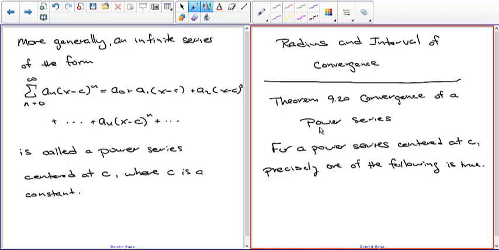There's this thing called the radius of convergence, and that's the distance away from the center point where the power series converges. Sometimes that radius can be infinity, and therefore if you have a Maclaurin series that's centered at x equals 0 and the radius of convergence is infinity, then it means that the series works for all values of x.